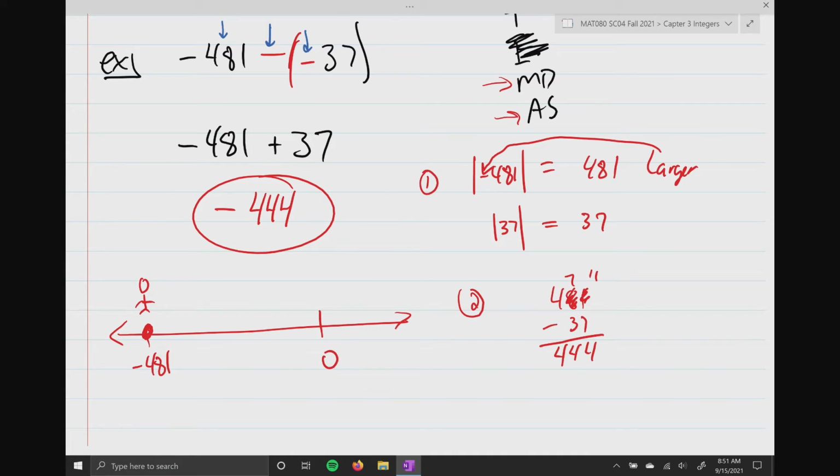Which means now I'm going where? To the right. And those are positive values. Positive values move to the right. That's why we changed this to a plus. So you would move to the right 37 times, and you would be standing on negative 444. So you moved in the positive direction, which just means to the right.